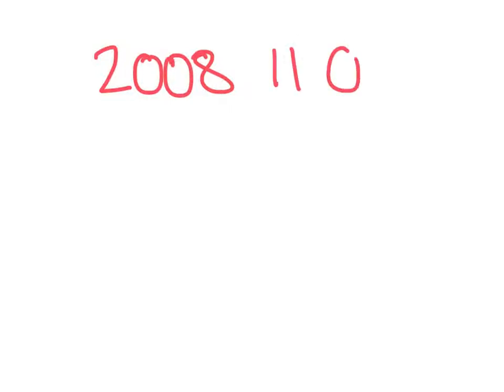How about I give you some notations and you see if you can figure out the dates. 2008, 11/04. What's the date? If you've guessed that it's November 4th, 2008, you're right. Good job.